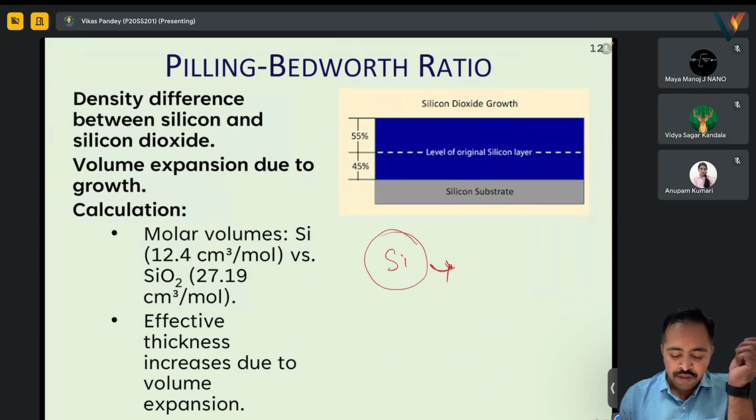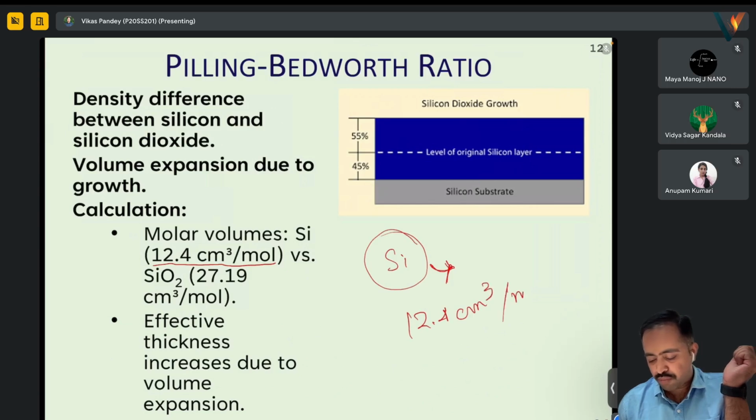If we simply say that the molar volume, that is the volume of silicon, is 12.4 centimeter cube per mole, the same number of molecules of SiO2 will have a volume of 27.19 centimeter cube.